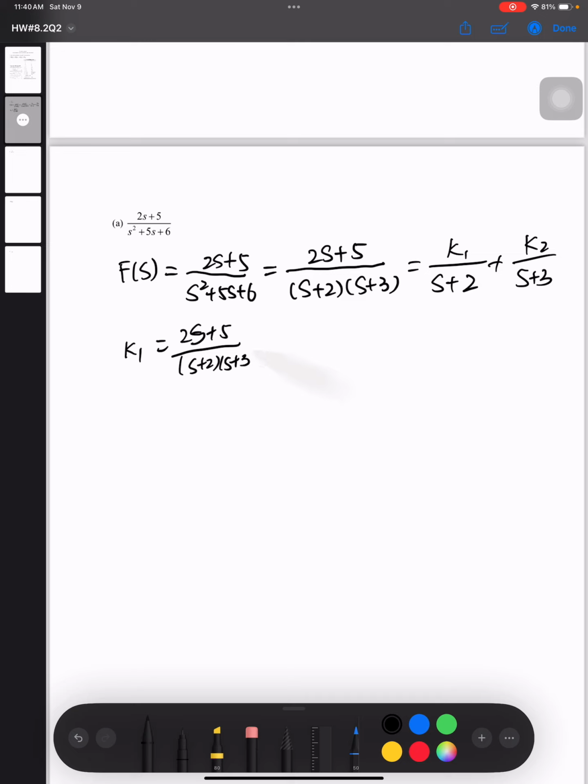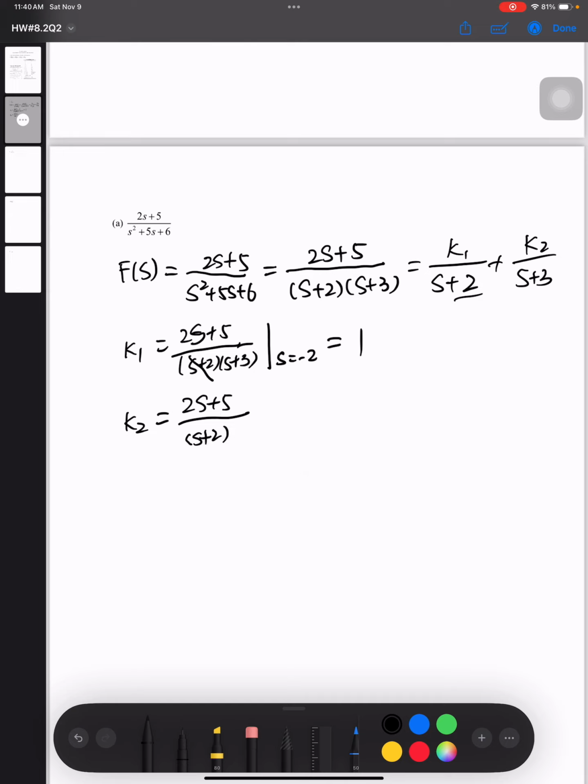We cover up this one, s plus 2, corresponding to the minus 2, and when the s equals to minus 2, so we can calculate to get k1 equals to 1, and similarly we get k2 equals to 2s plus 5 over s plus 2, s plus 3.